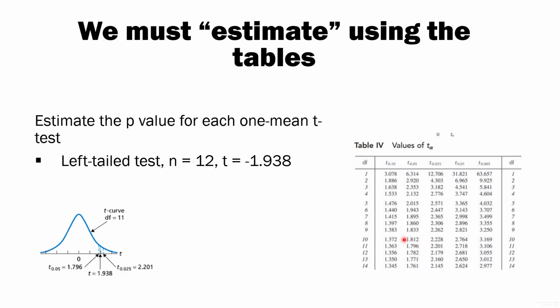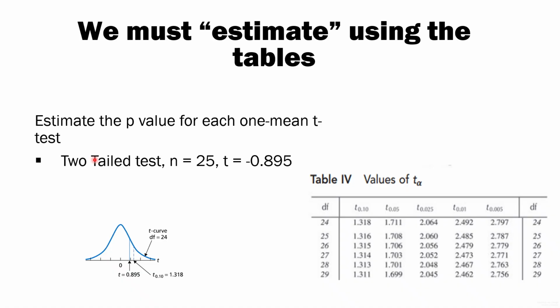So what you do to estimate your p-value is you go in between those two and you go up. Otherwise, you just choose the one that it's closest to. And your p-value is going to be between 0.05 and 0.025. So it's going to be greater than 0.025 but less than 0.05. And that's how you estimate your p-value.